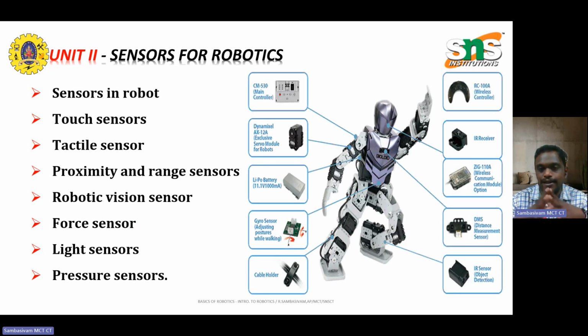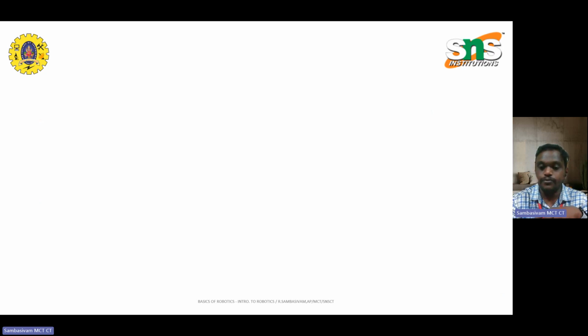As I said, without sensors and feedback, the robot is not worthy, because based upon the feedback given by the sensors, the robot actuating mechanism takes place. The feedback mechanism plays a vital role, as the input data determines the output data for the task you are going to perform. So if there is an obstacle, the sensor detects the obstacle and transfers the data.